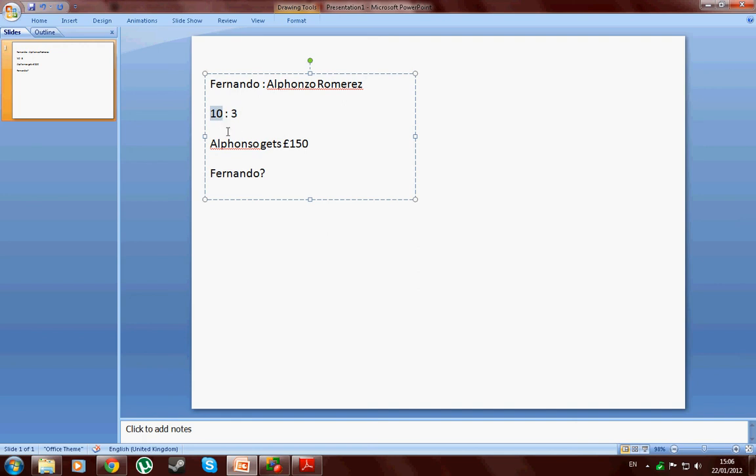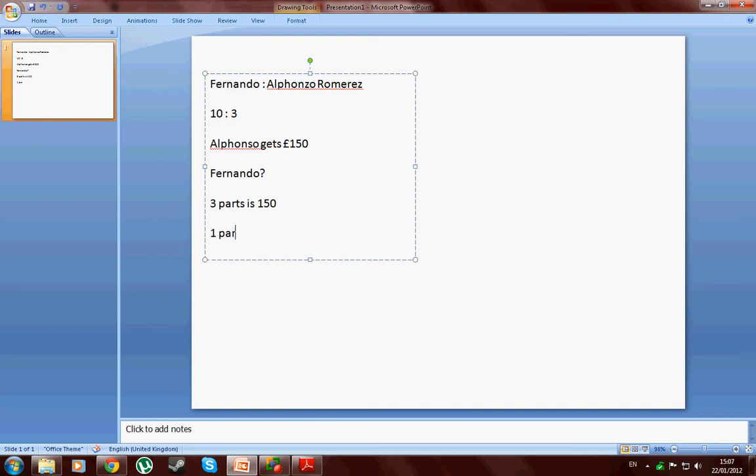What the ratio is telling us is for every 10 parts, Alfonso has 3 parts. For every £10, Alfonso has £3. That's another way of thinking about it, okay? You could also think 10 parts compared to 3 parts, alright? We know Alfonso has 3 parts. We also know he has £150. So 3 parts is 150.